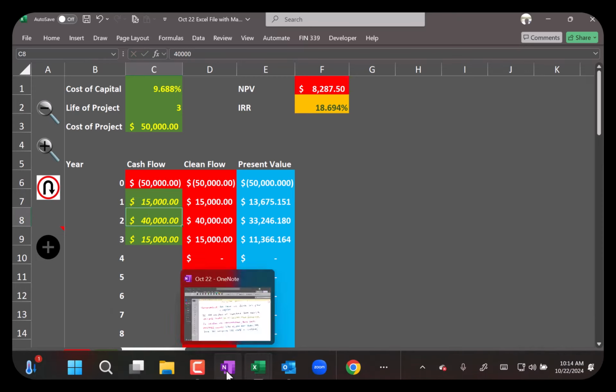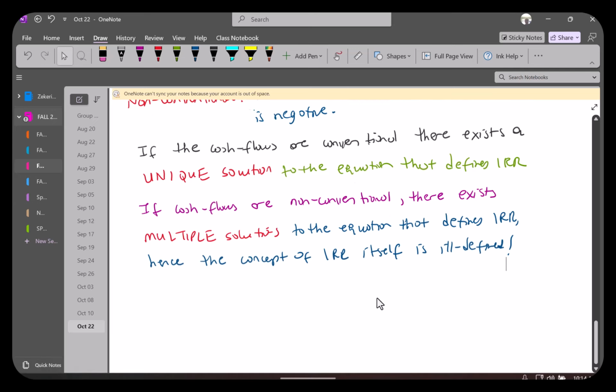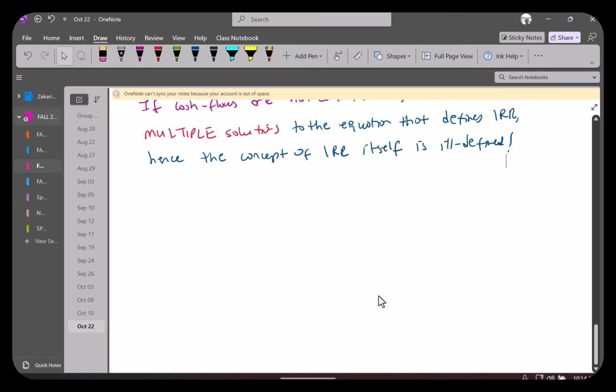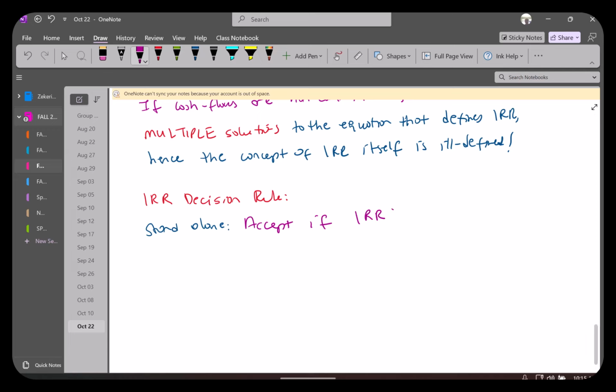Now, if you're going to make decisions with the IRR, for standalone projects, accept the project if IRR is greater than your cost of capital.